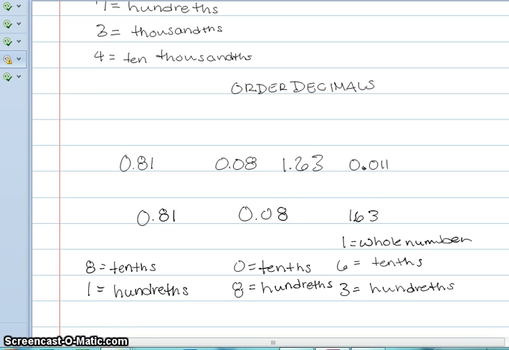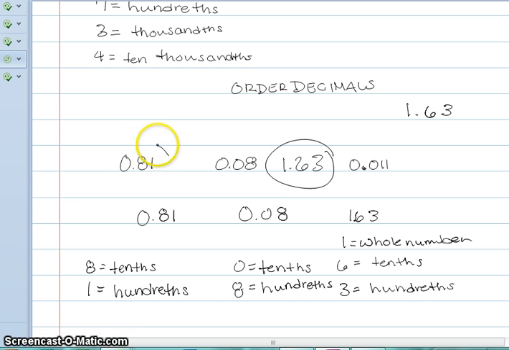To order these numbers, we must first figure out what number has the highest whole number. And in this case, it's this. Therefore, this number is going to go on the end. So 1.63 is on the end. Next, we need to figure out which number has the highest tenths.